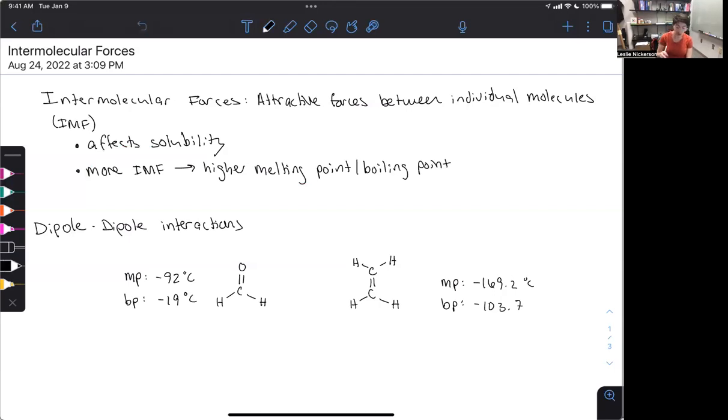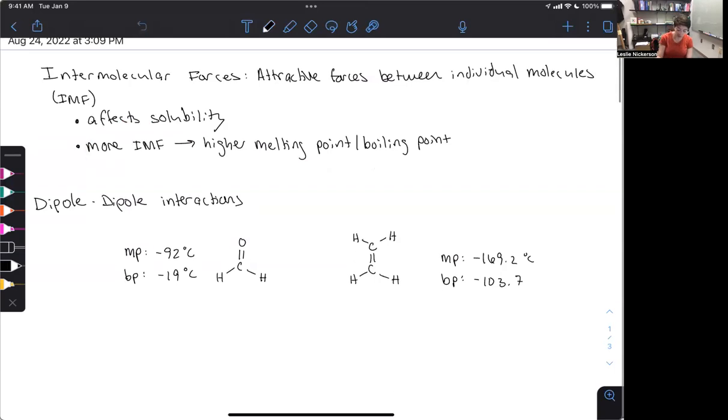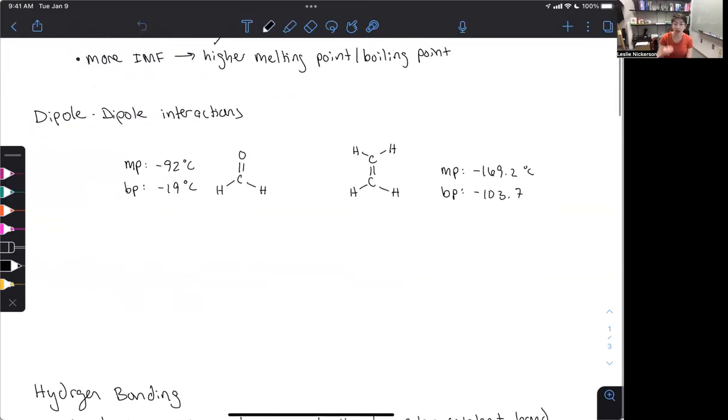So I'm just going to go through the three main intermolecular forces: dipole-dipole, hydrogen bonding, and fleeting dipole-dipole interactions. For dipole-dipole interactions, I'm going to show this in terms of melting point and boiling point comparisons between molecules that have such and such interaction and molecules that don't. In this case, we've got formaldehyde. It's got a melting point of -92 and a boiling point of -19.